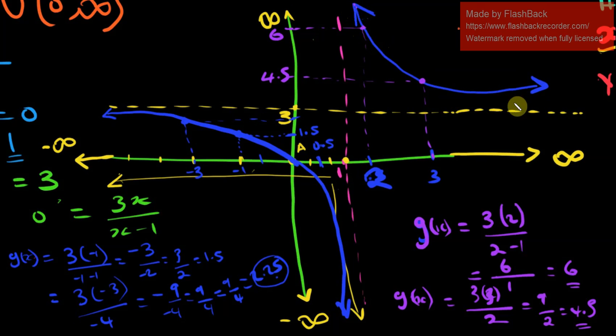At the same time, it keeps approaching the horizontal asymptote as x approaches infinity.